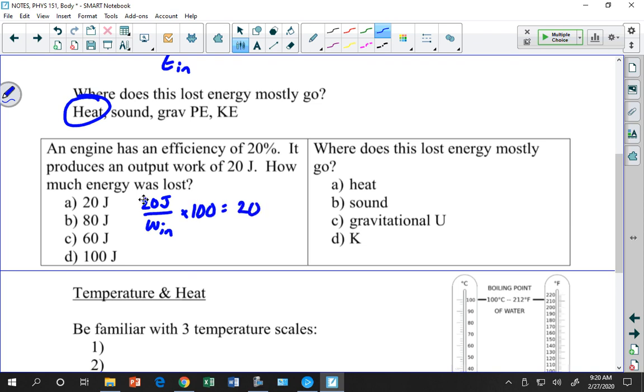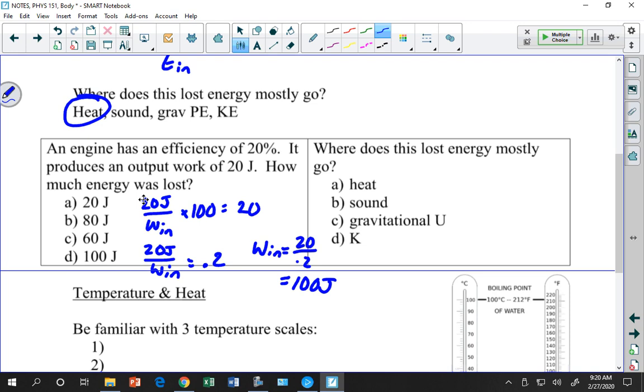Now I want to solve this for W_in. So I would have 20 joules divided by W_in is equal to 0.2. Then solving for W_in gives 20 over 0.2, which is 100 joules. So the amount of work that I started with was 100 joules.